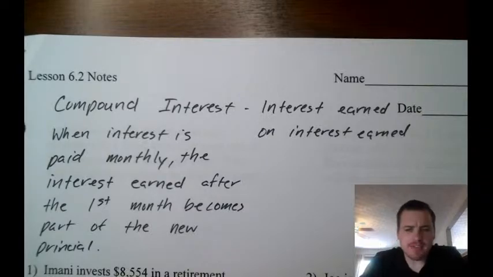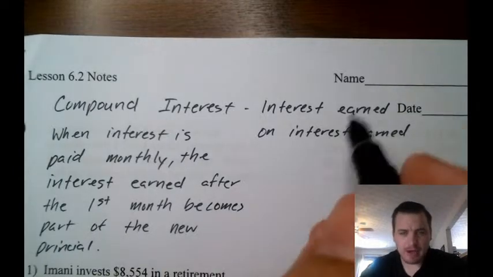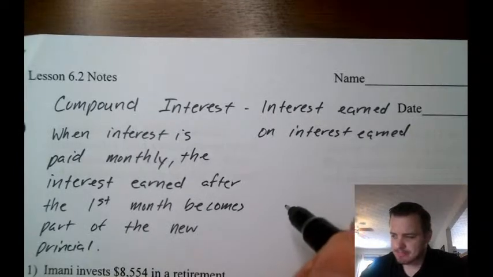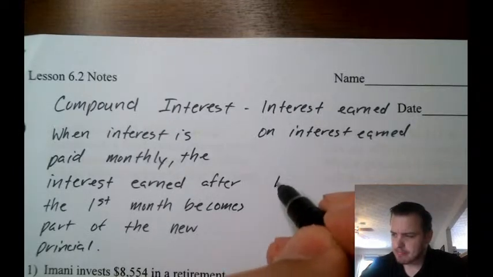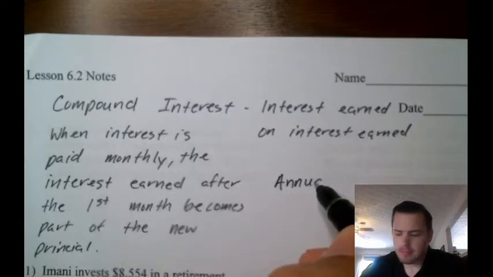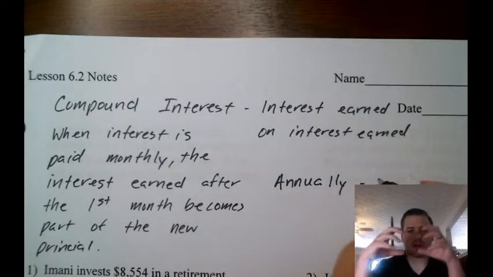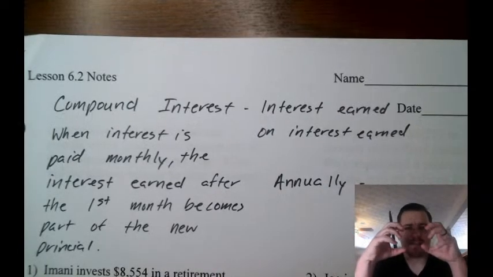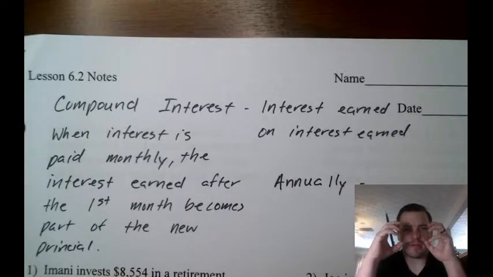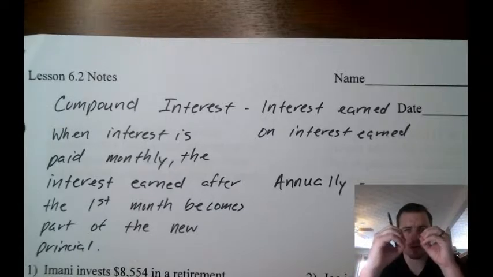Now, different banks do different things, guys. Some banks compound interest annually. Annually would mean that they take your total amount of money that you have and they compound it one time and say, we're going to pay you X% this one time.